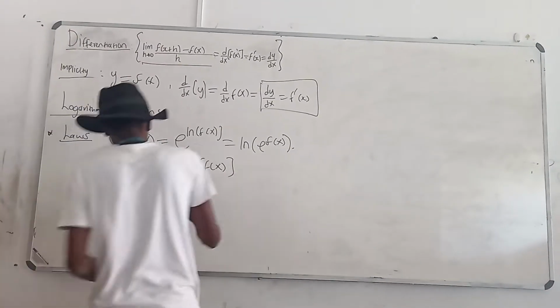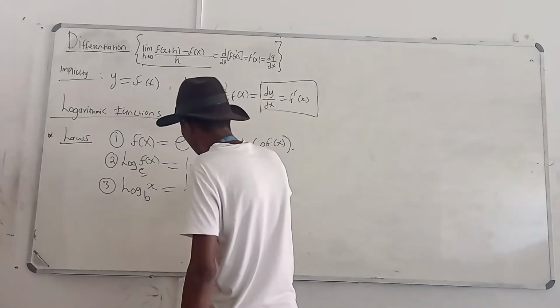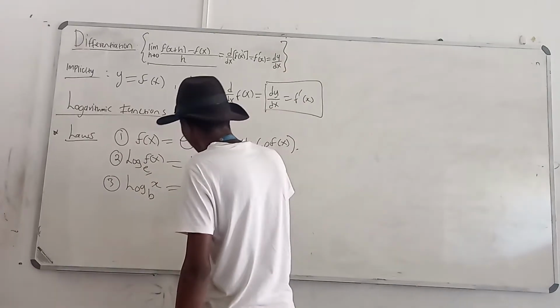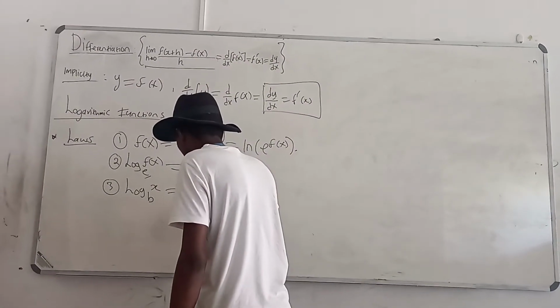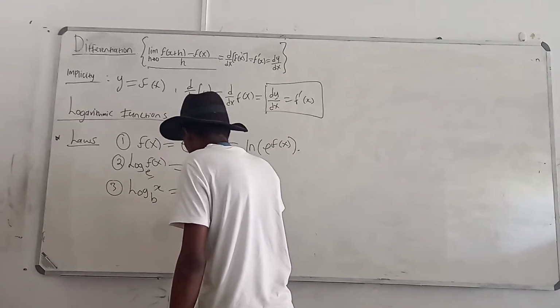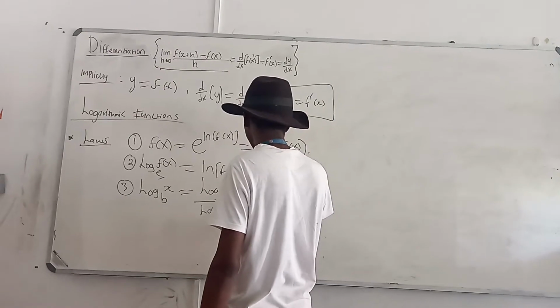So number 3 says the log base a of x can be written as the log base a of x over the log base a of b. So this is nothing but log of x over log of b.